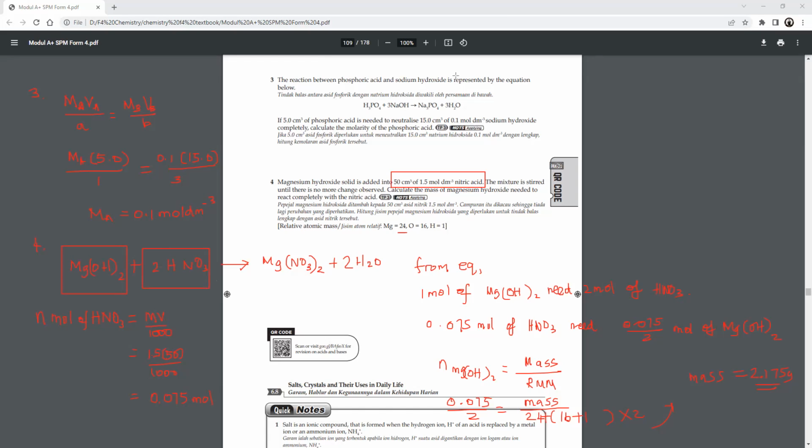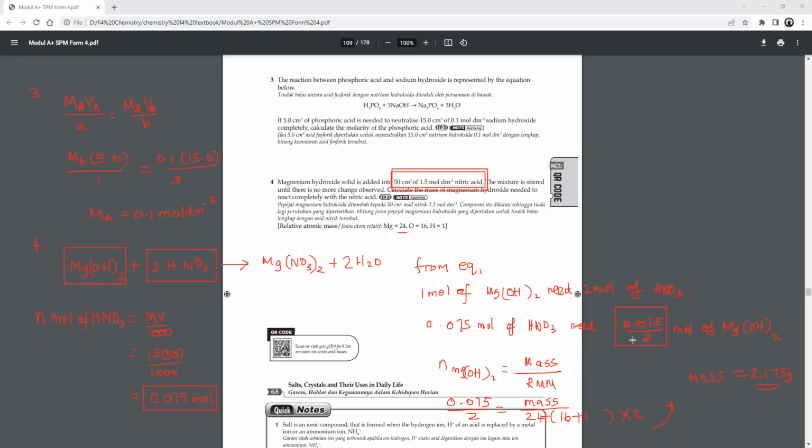First of all, the information that I have is here. I can calculate the number of moles of this one. When this one is 2 moles, then this one is 1 mole. But this one, the number of moles is 0.075, so this one must be half of it. So half of the 0.075 is the MgOH2, right, from the equation.